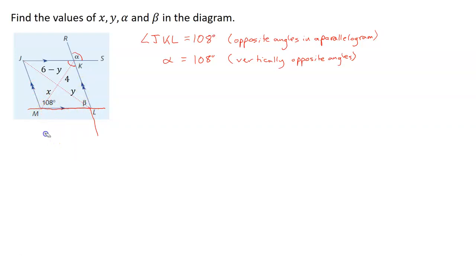They add up to 180 degrees. So I can say that beta equals 180 minus 108, which is 72 degrees. Because co-interior angles are supplementary.